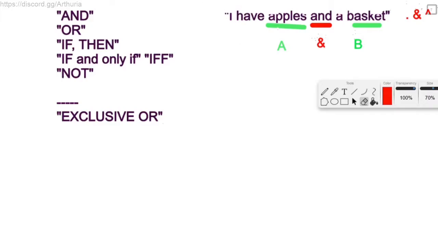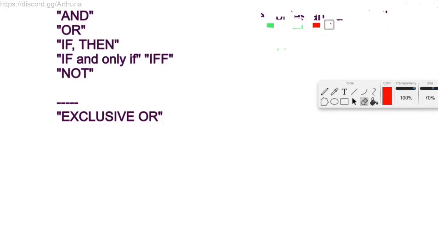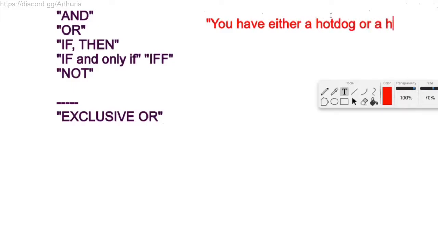Okay, so let's go through the other operators. Or is kind of tricky. Let's do an example. You have either a hot dog or pasta.